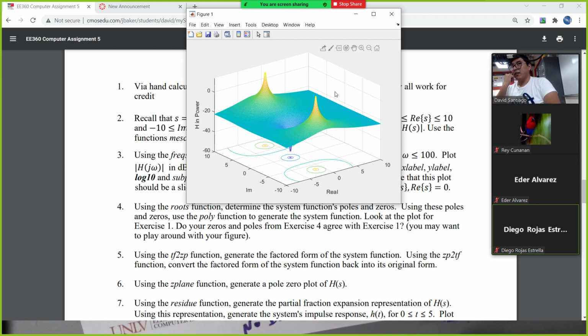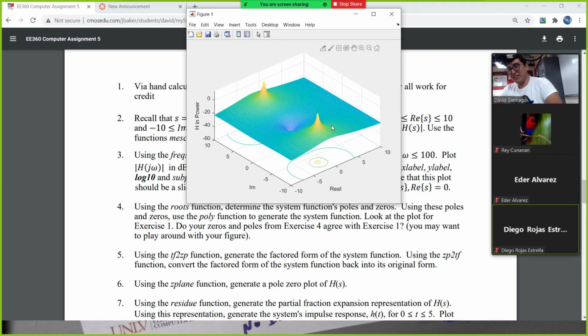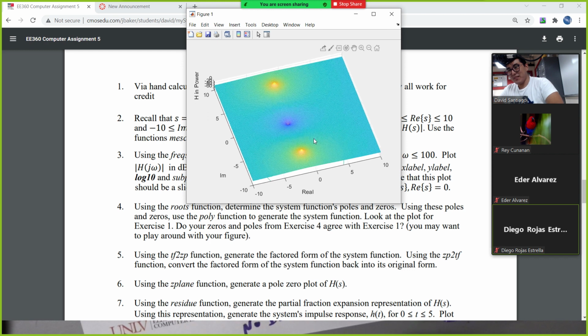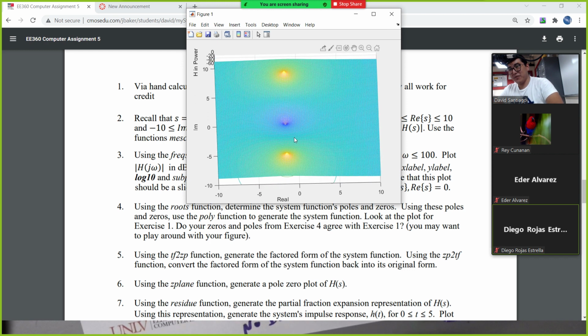The reason why I say determine the transfer function was for you guys to see where the zeros are and where the poles are. Hopefully you guys are naturally seeing that, but let's see. Oh, come on, MATLAB. It's chugging really hard. Okay, so here we have our real axis, and here we have an imaginary axis.